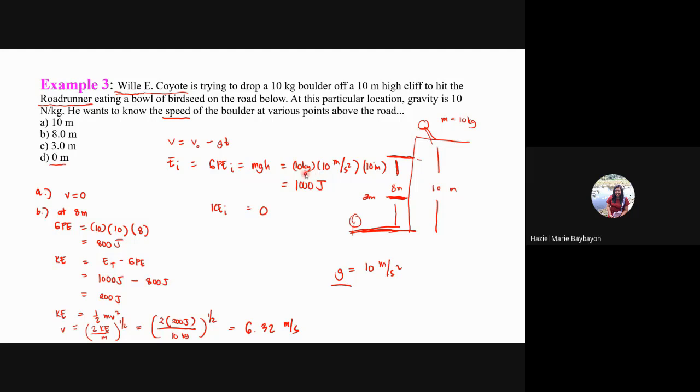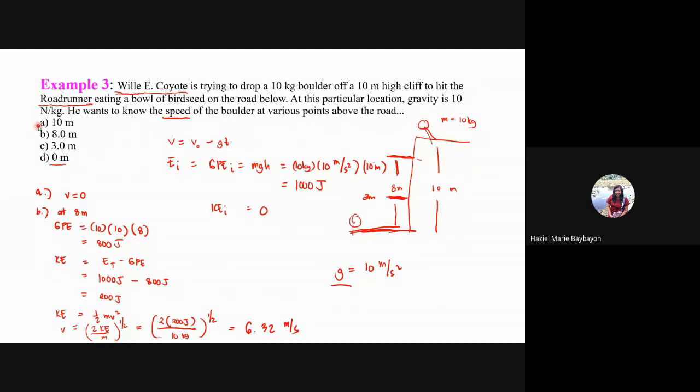You have the mass times the acceleration due to gravity, which is specified to be 10 meters per second squared, multiplied by the height of the cliff, which is also 10 meters. So you have 10 cubed, or 10 times 10 times 10, which is equivalent to 1000 joules. Initially, this boulder has 1000 joules of gravitational potential energy.